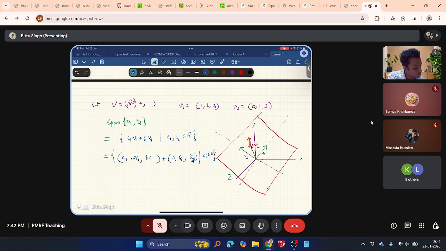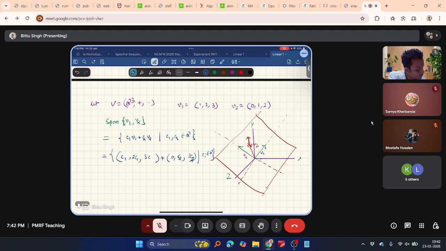So their linear combination is the same as (c1, 2c1 plus c2, 3c1 plus 2c2).